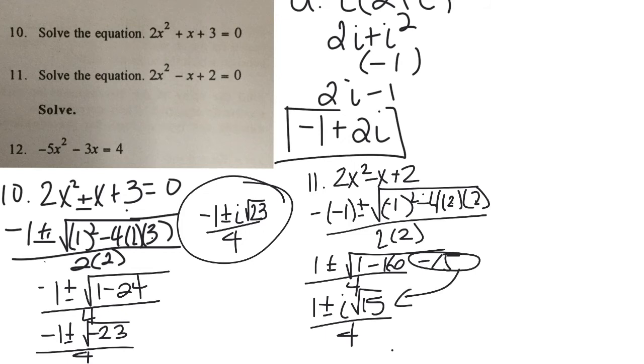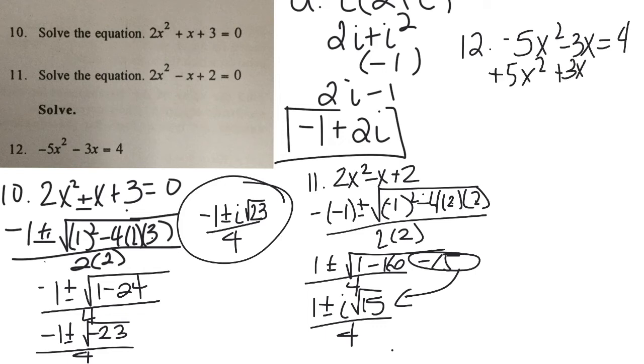And then number 12, negative 5x squared minus 3x equals 4. I like my x squared positive, so I'm going to add 5x squared and add 3x, so I get 0 equals 5x squared plus 3x plus 4. I don't think this is factorable because in order to get 3, I would need to subtract. So I'm going to go straight to the quadratic formula.